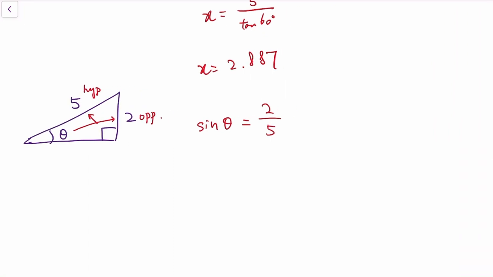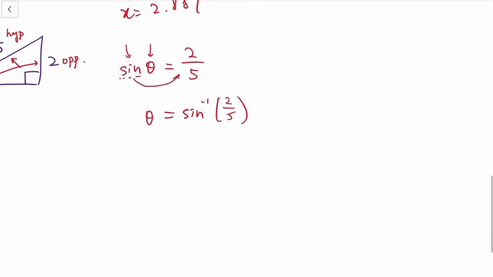Then you want to find the angle, right? So in some sense, when you're solving an equation, you want to remove the sine. But when something goes to the other side, when you're solving an equation, you do the opposite of that thing. So the question is, what's the opposite of a sine? Turns out the opposite of a sine is sine minus 1. It's called the inverse sine, or the arc sine.